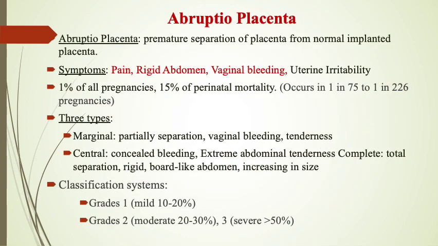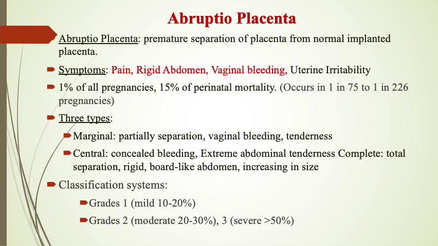So now this is the opposite of placental previa. We have what is called abruptio placenta. Unlike placental previa, abruptio placenta is a condition where the placenta prematurely separates from its normal implanted position.